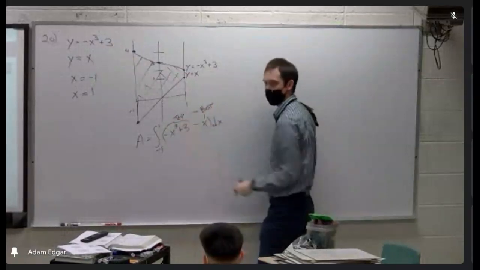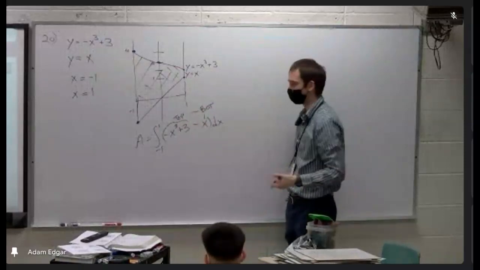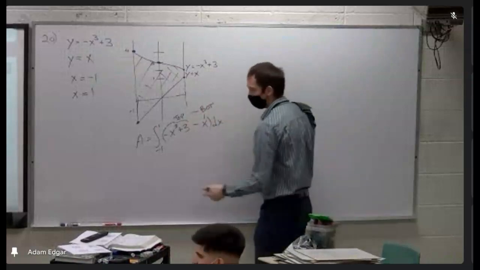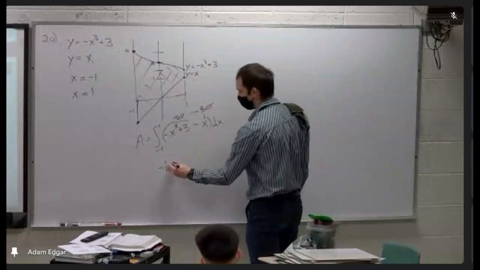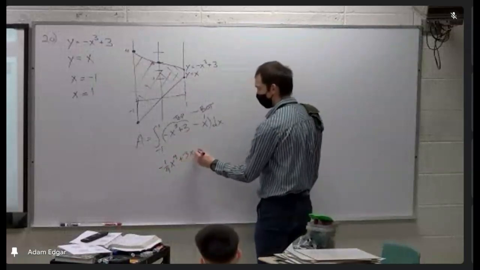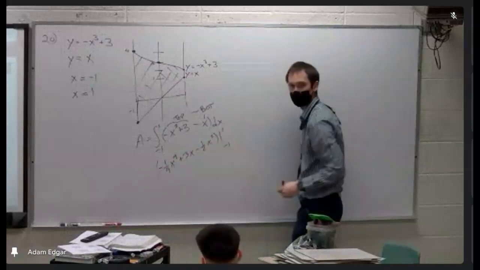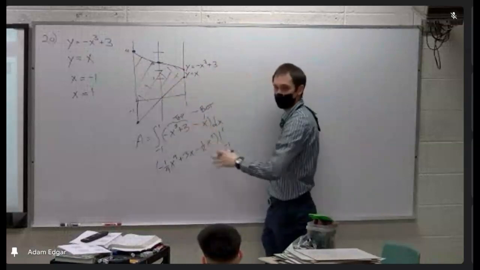Top minus bottom. And there's no like terms, and you don't even need to distribute a negative because the bottom term is just one piece. So then you can just go to town on this and say that's negative 1/4 x to the 4th plus 3x minus a half x squared. And we're going from negative 1 to 1. Any questions with the graph or the setup of the integral?